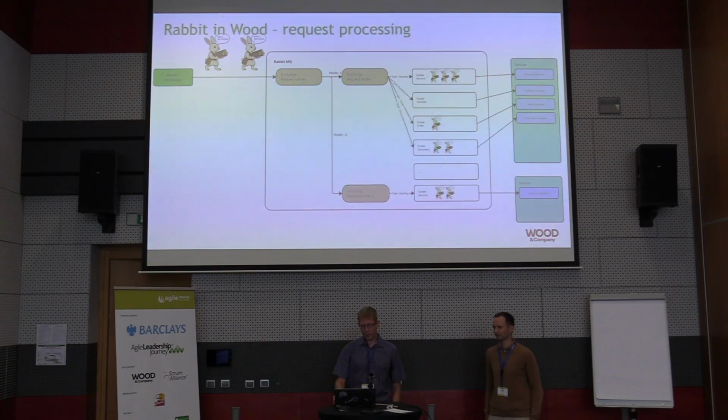Node is for routing between instances of services in Wood & Company, which is scalability. You can add or remove a service, and this is the first exchange, and the second exchange routes the message to a queue by type.